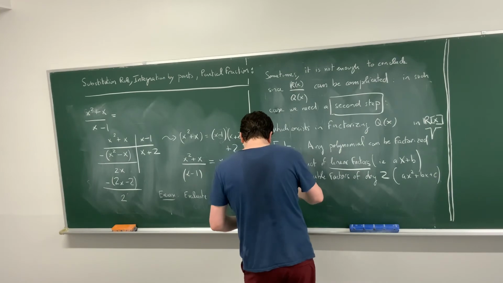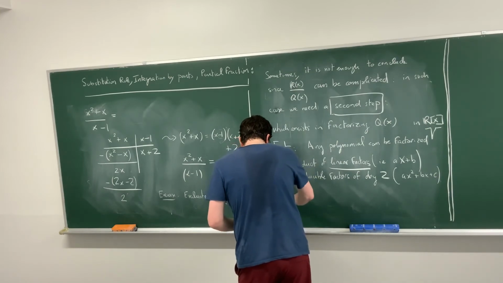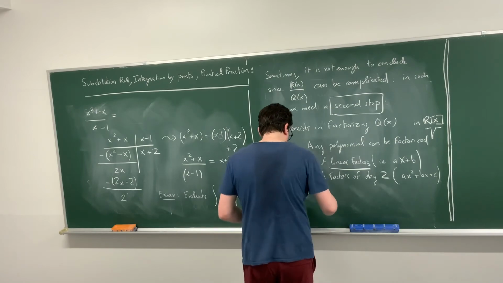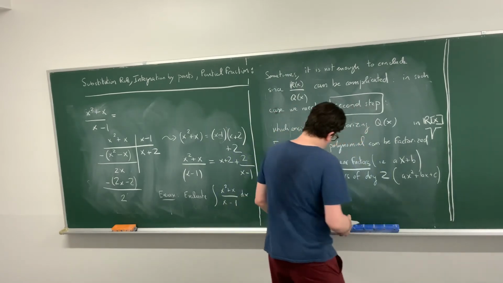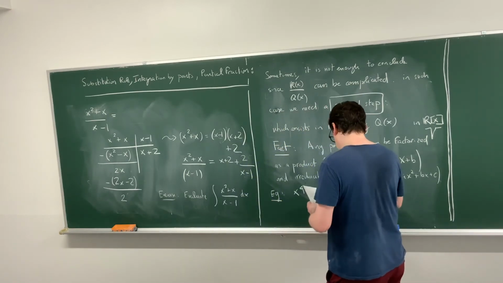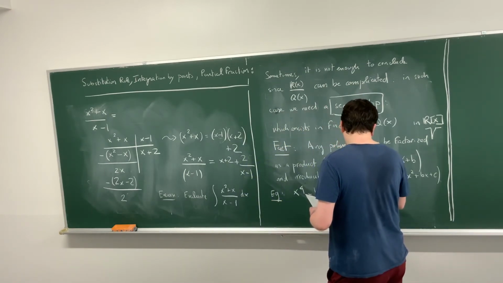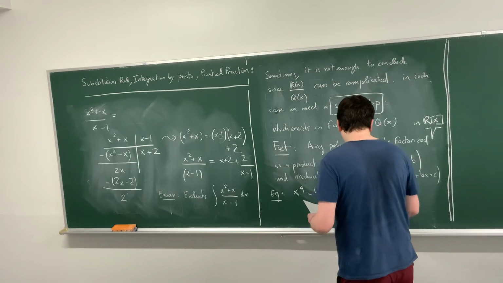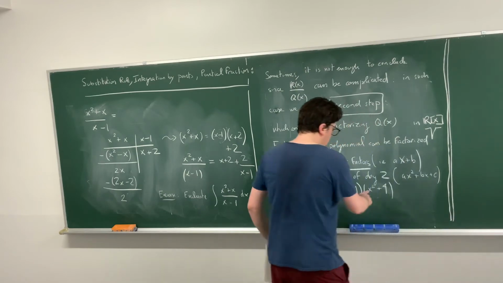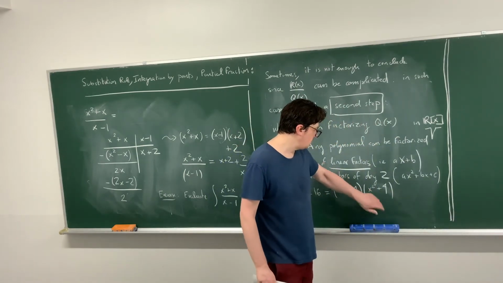Now, an example of this fact. If I give you x to the 4 minus 16, then you can apply a squared minus b squared equals a minus b times a plus b. So you will see it's equal to x squared minus 4 times x squared plus 4. So this one is irreducible, you cannot factorize it further.